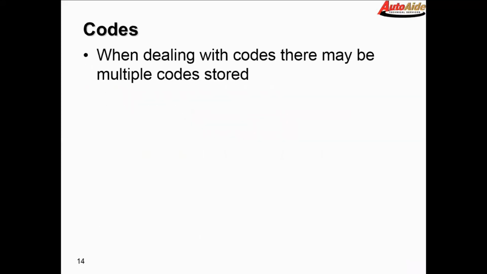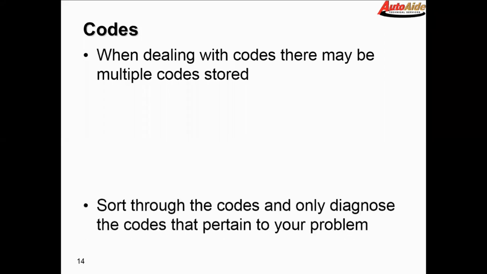So when dealing with codes, there may be more than one code stored. For example, if you get a circuit code for a shift solenoid, you may also get a performance code. In that case, a shift solenoid not working right can cause a shift timing or a shift error, so you'd obviously fix the circuit code first.